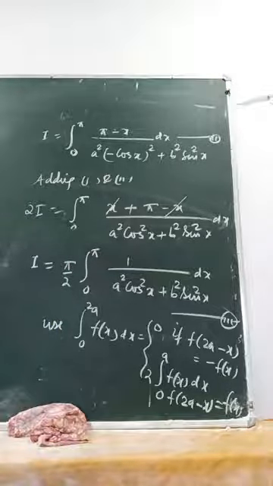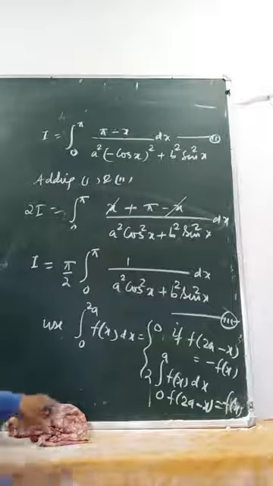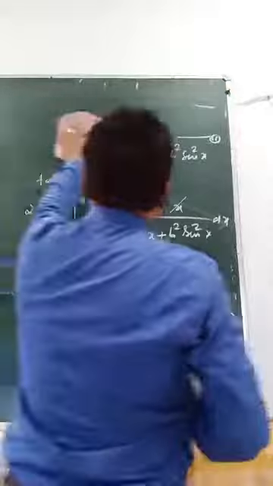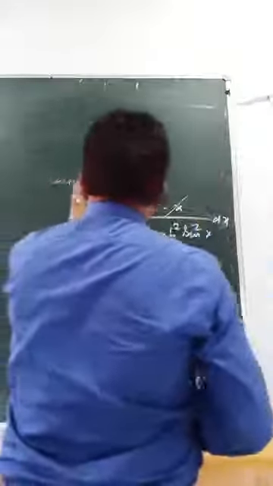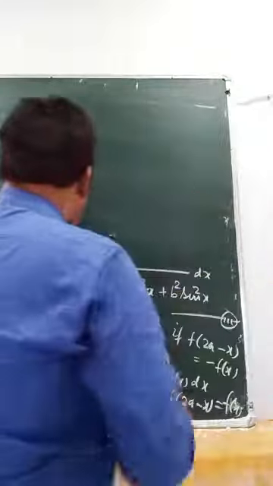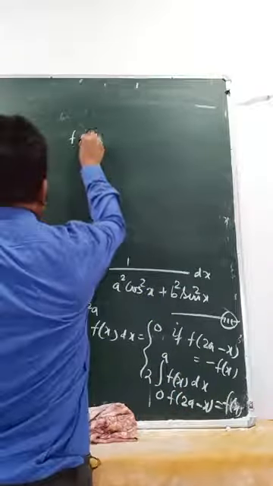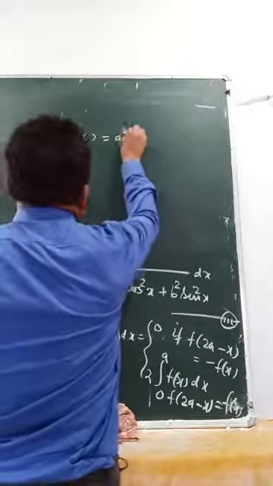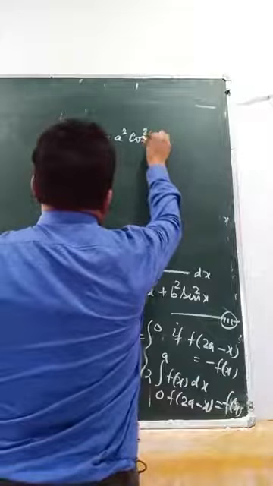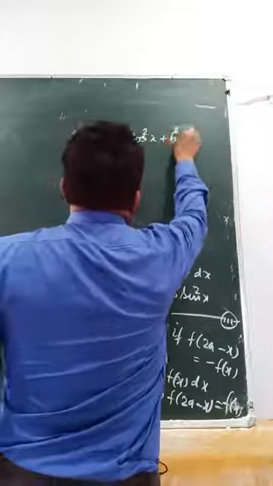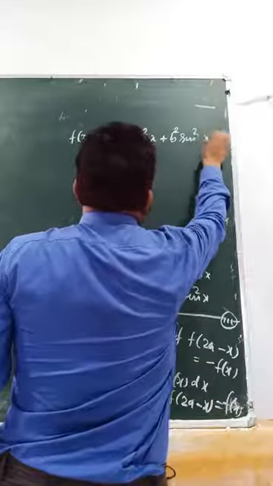Now you can write our fx is a square cos square x plus b square sin square x.